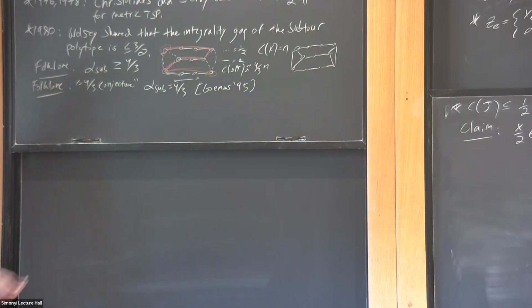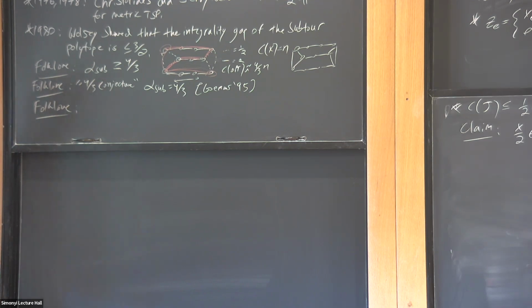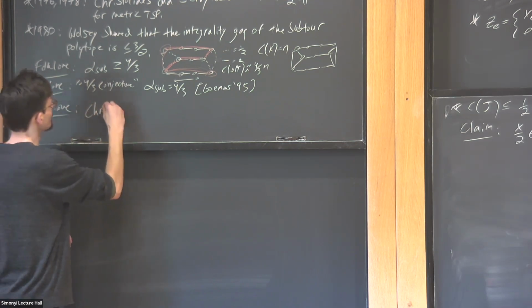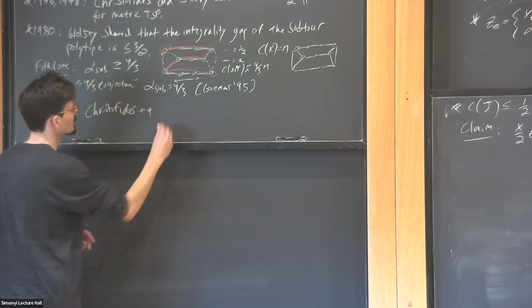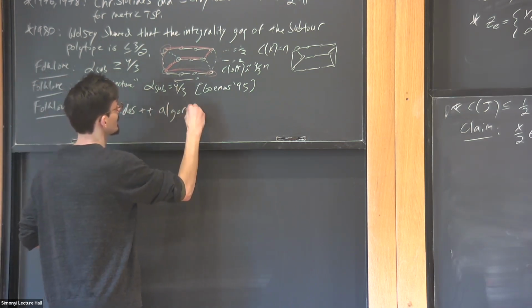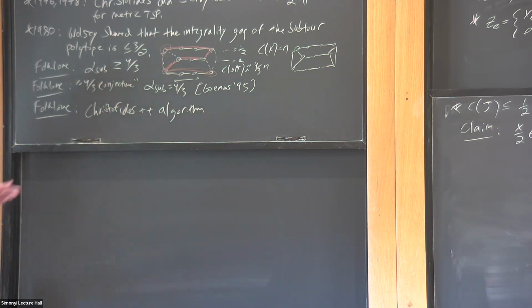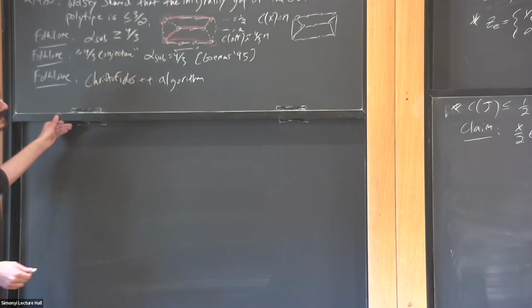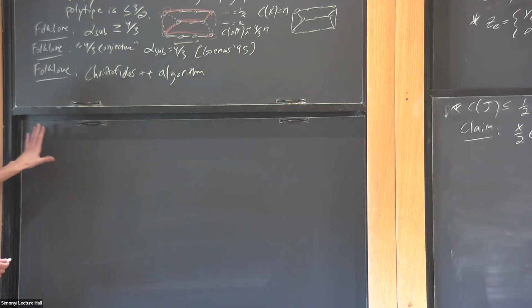Okay, and then the last folklore, it's not really a result, but I'm going to call it the Christofides++ algorithm. I'm going to write it. Where did I write it? To keep it around, I'll write it here for now.